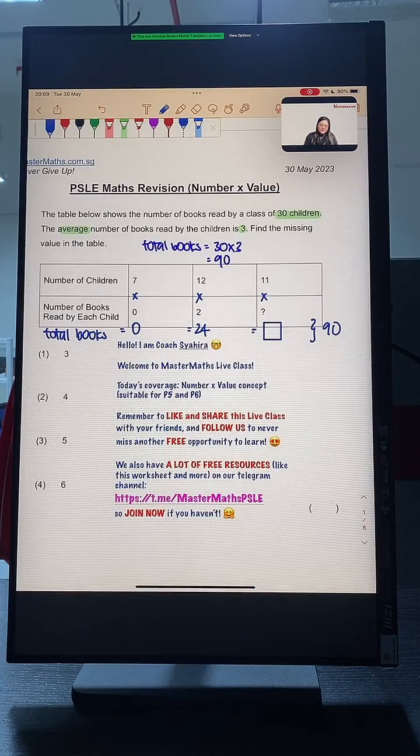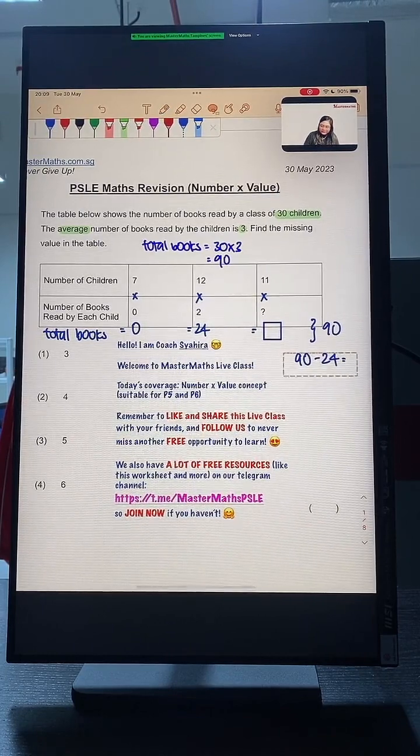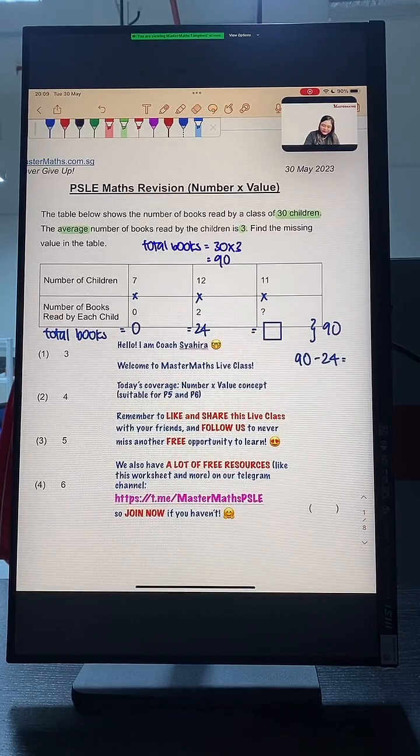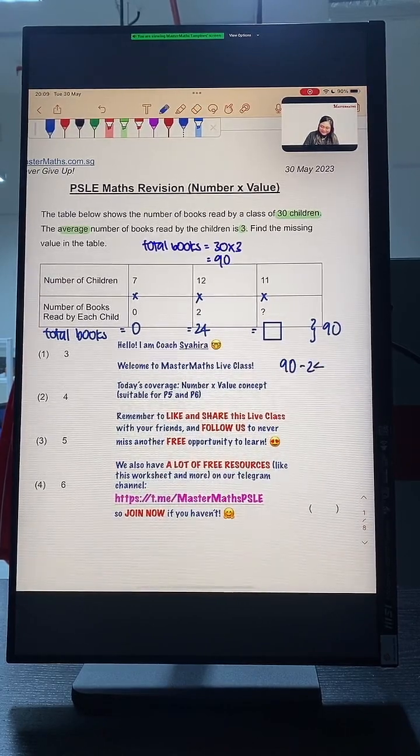I will get the missing total books. Hang on a second, let me rewrite this. 90 minus 24 is going to be 66.